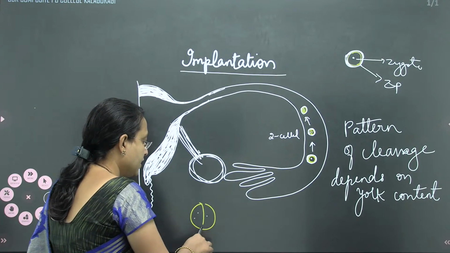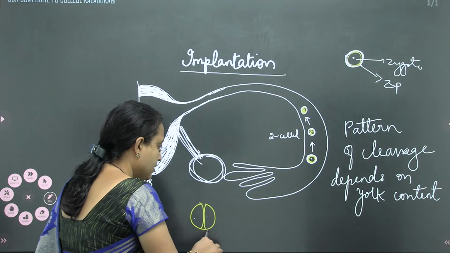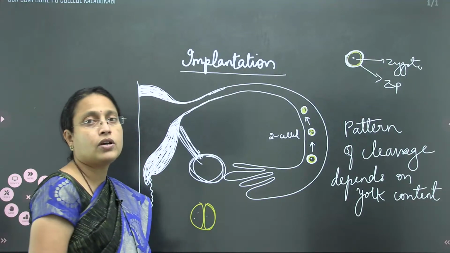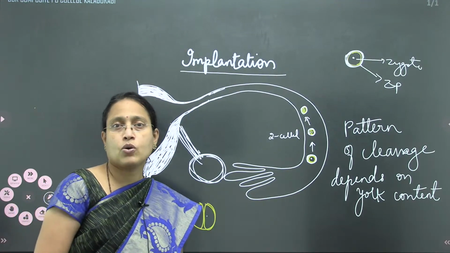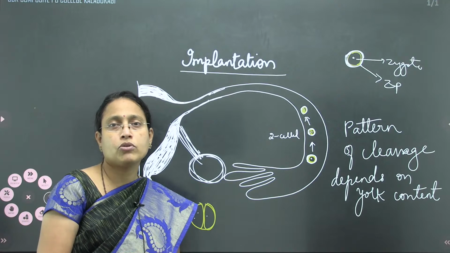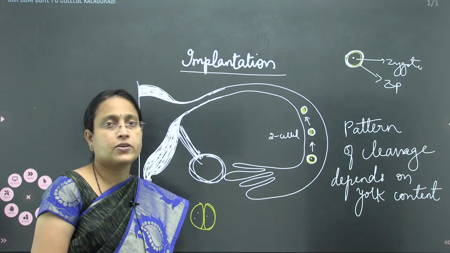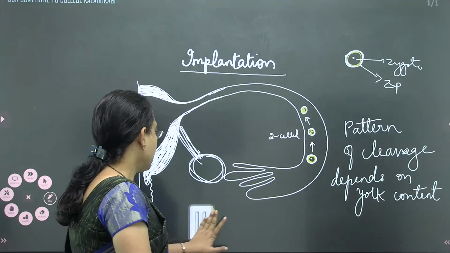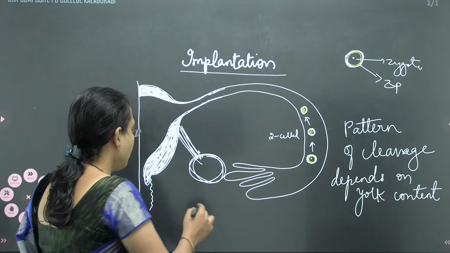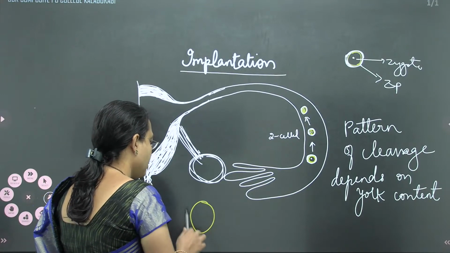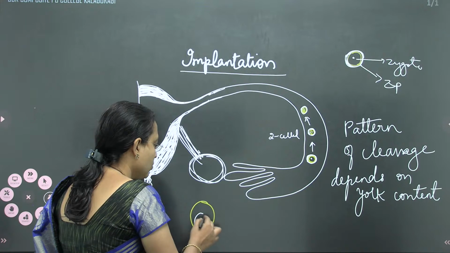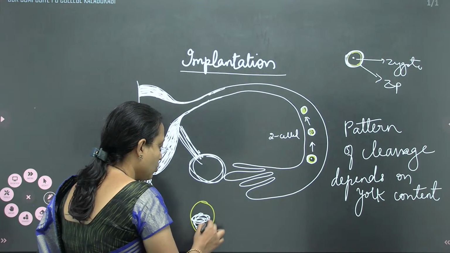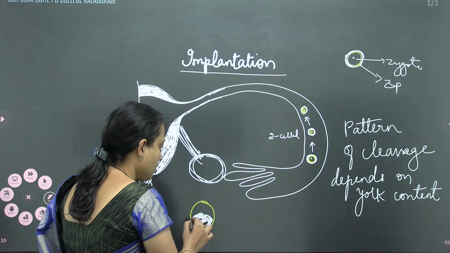That means complete, holoblastic division will occur because of less yolk content. Whereas certain eggs, like those of birds, are rich in yolk, so the yolk content is more.